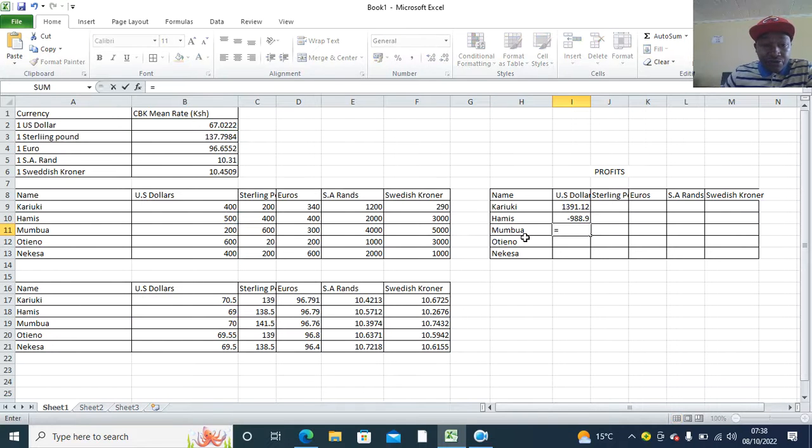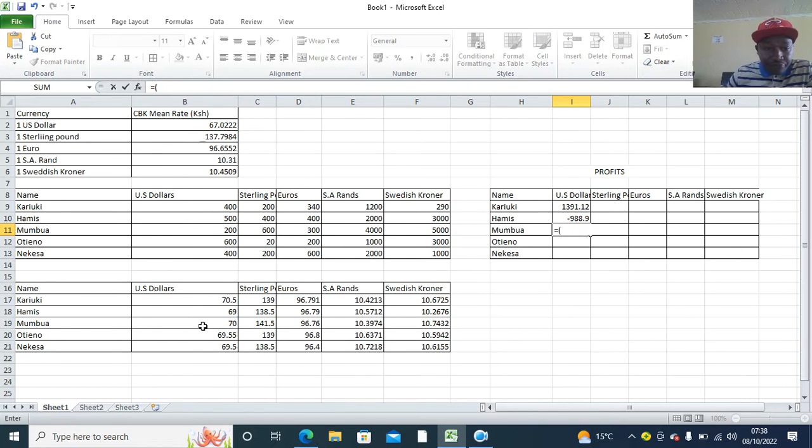Then for Mumbwa equals, open the bracket, that is 70 multiplied by US dollar 60, that one. Sorry, that is wrong.